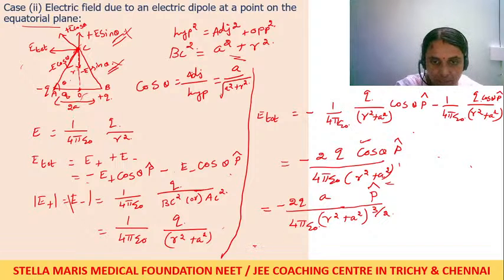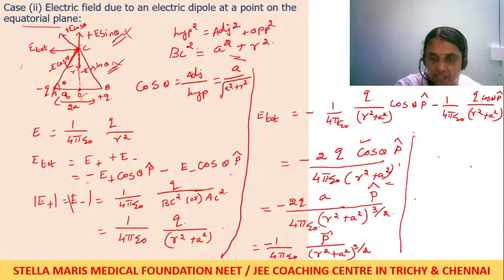So we know the value for this P vector: minus 1 by 4 pi epsilon naught P vector divided by R squared plus A squared the whole power 3 by 2. Okay, so like the previous case, R is greater than A, so neglect this A term.